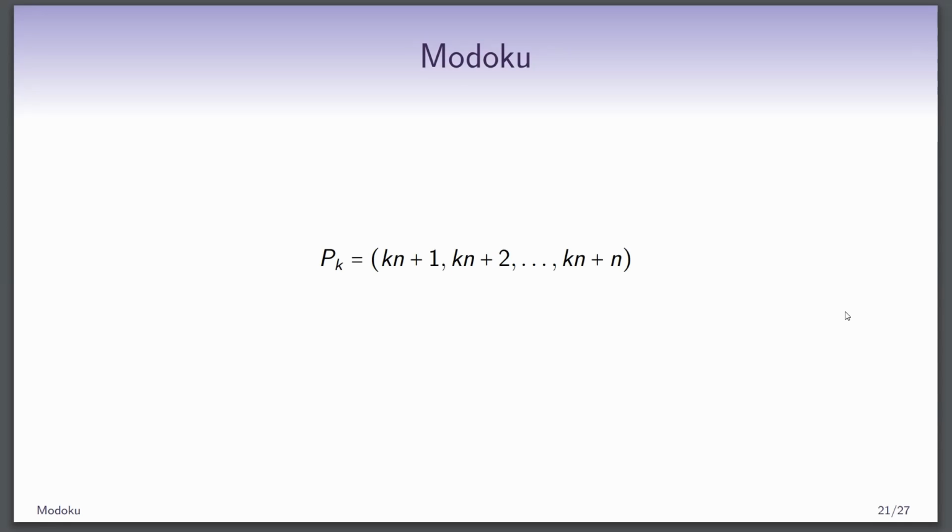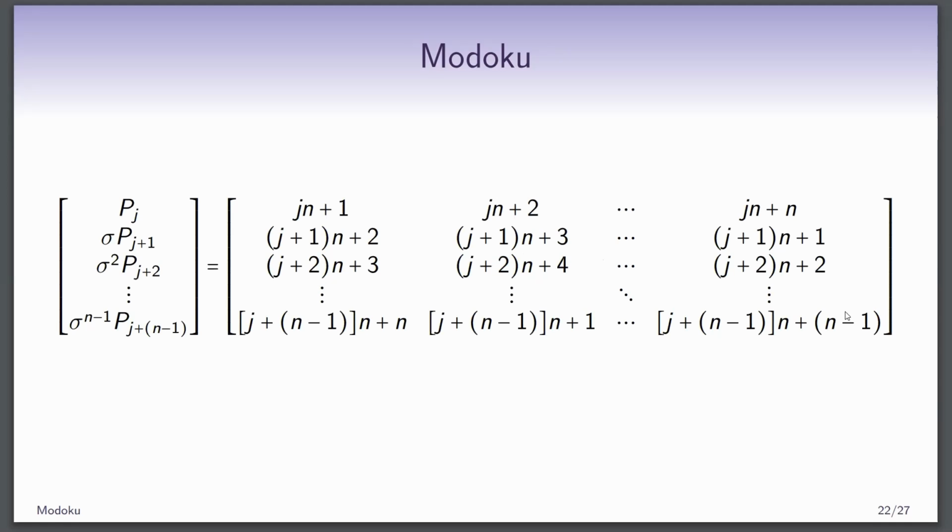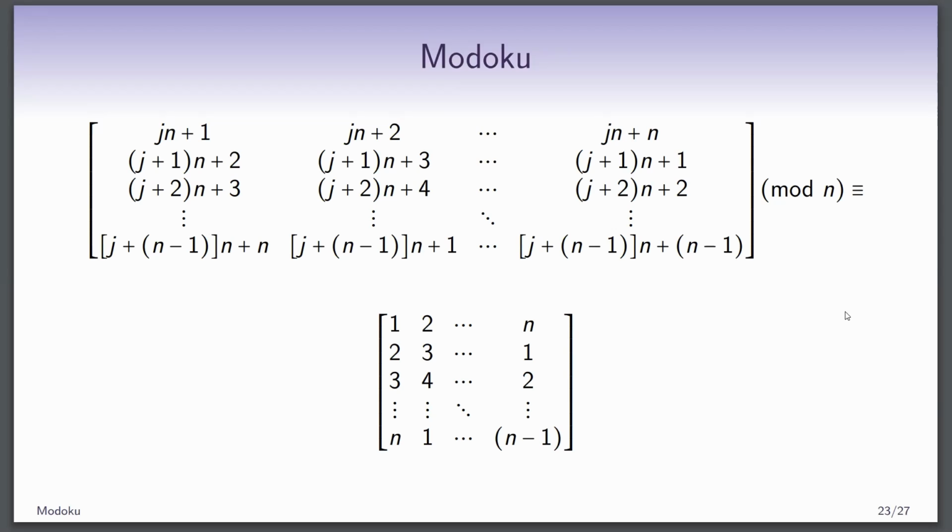By our construction of p sub k, we can see the block can be written like so, since p sub k equals kn plus 1, kn plus 2, all the way to kn plus n. Applying our rule of mod n to each row yields the following matrix, since any element multiplied by n when modded by n will have a remainder of 0.